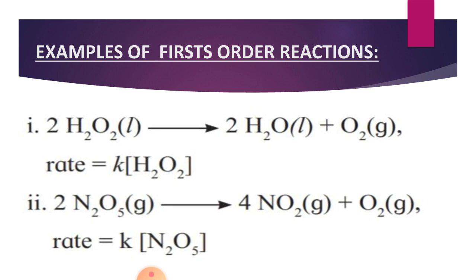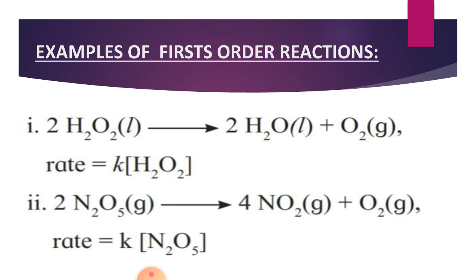Hydrogen peroxide, when it reacts, gives you water and oxygen. Here the rate of the reaction will be equal to K times the concentration of hydrogen peroxide, that is your reactant. As there is no power over here, it means that it is a first order reaction.